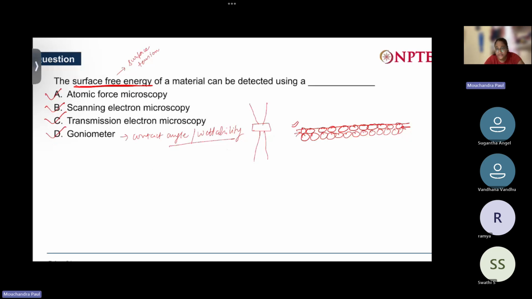Surface tension is related to contact angle. This equation is called Young's equation. There we quantify the interfacial tension at different phases, like liquid solid interface, solid vapor interface, using the contact angle between the water drop and your surface.